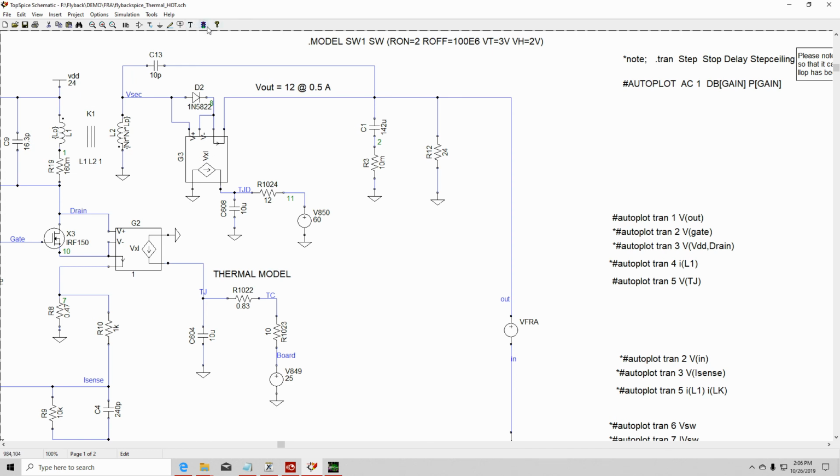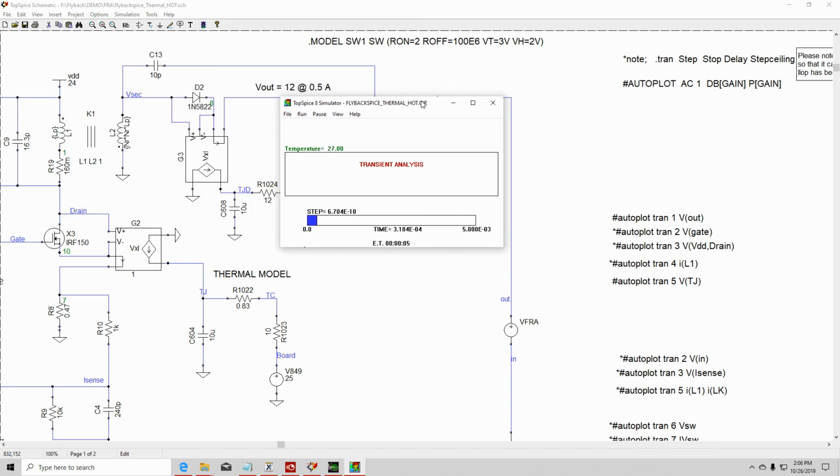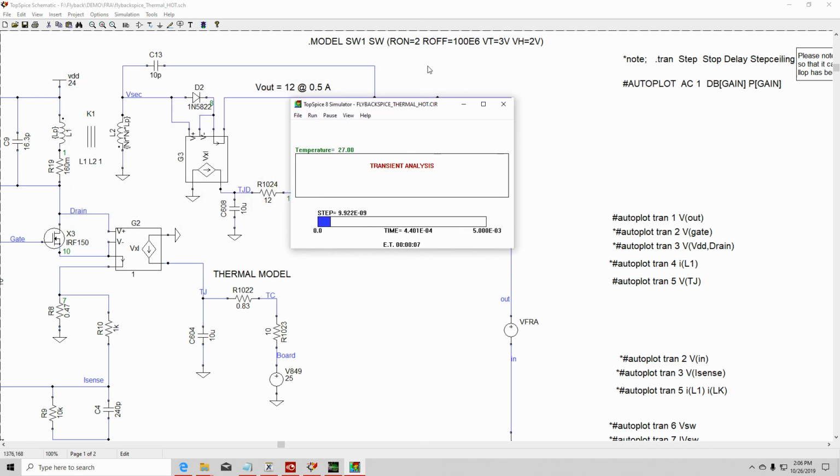Okay, so we run, and I think we got everything running. And I do want to show that some of the manufacturers are already including this type of model in their devices or data sheets. So I'll show one of the companies that is doing that.